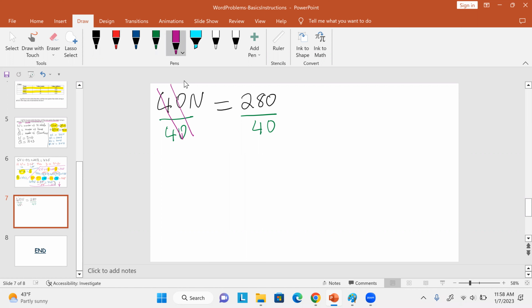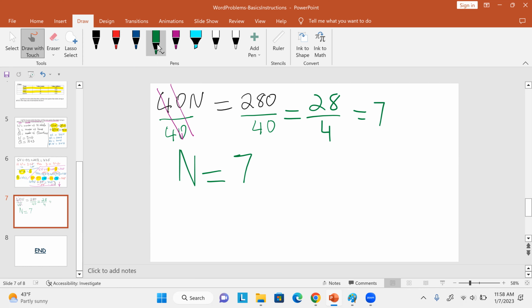So, n will be 7. 280 divided by 40 is the same as 28 divided by 4, which is 7.